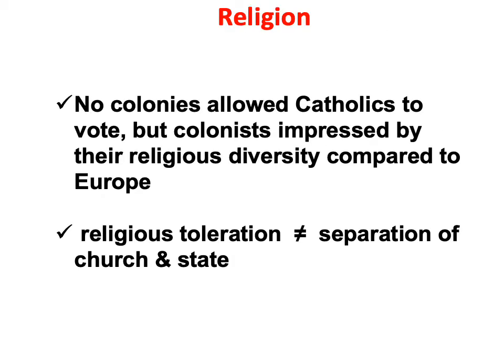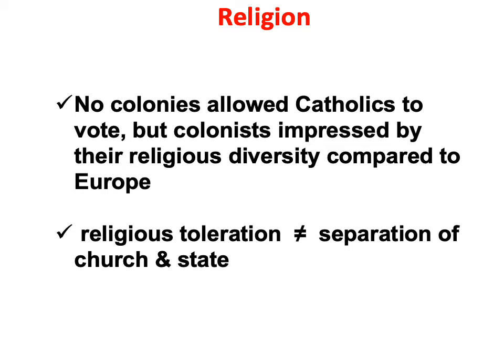Looking more broadly at religion, it's important to remember that none of the colonies welcomed dissenters. No colonies indeed allowed Catholics to vote. However, relative to Europe, the British colonies in North America did have an impressive amount of religious diversity.